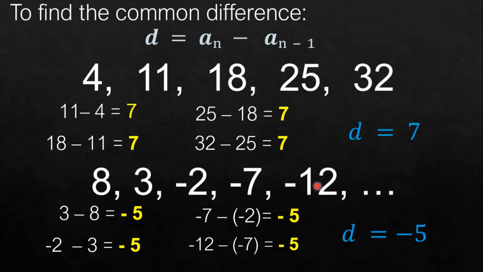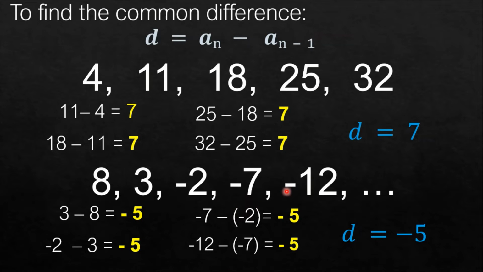Try natin itong pangalawang sequence. We have 8, 3, negative 2, negative 7, and negative 12. If we subtract two consecutive terms, second term minus the preceding term, we have 3 minus 8, the answer is negative 5. Third term minus second term, negative 2 minus 3 is negative 5.